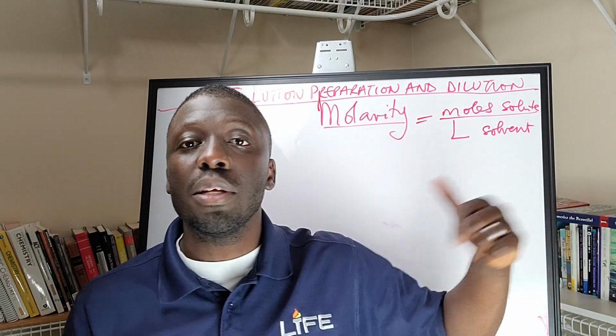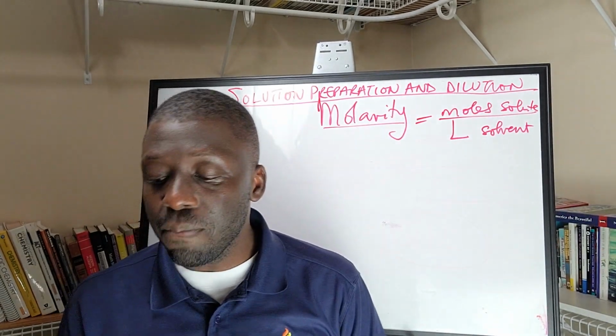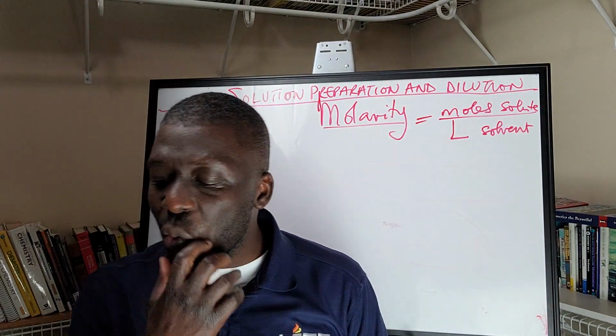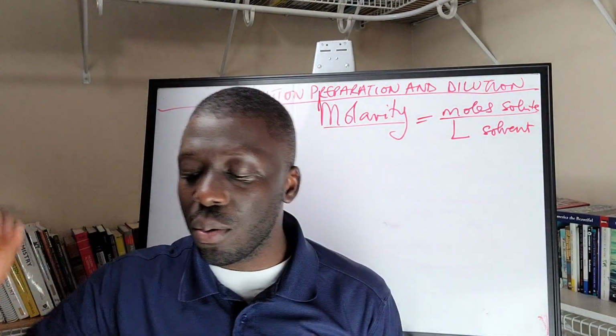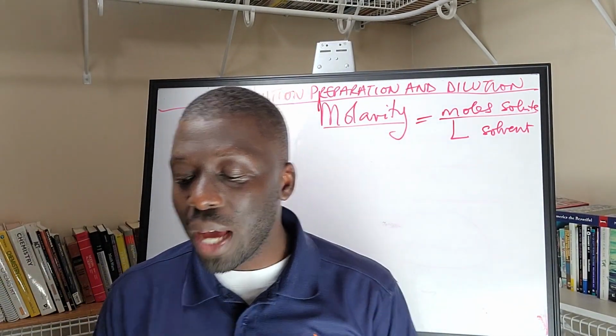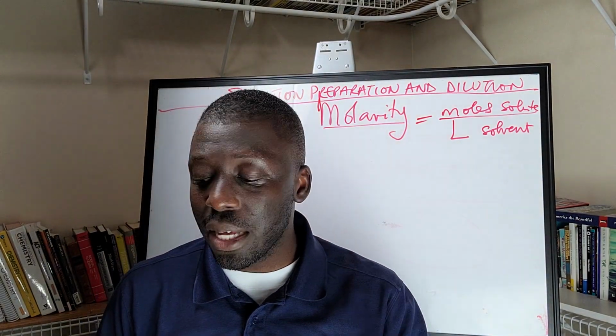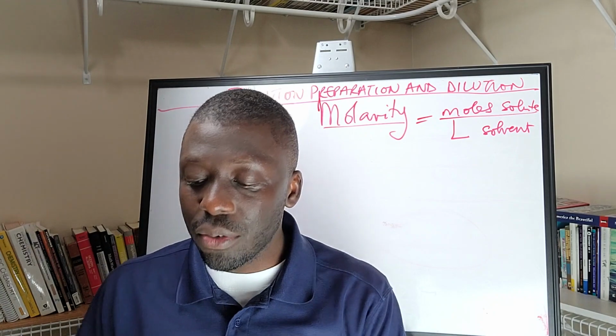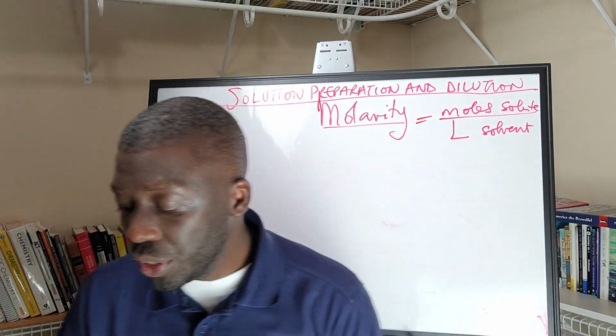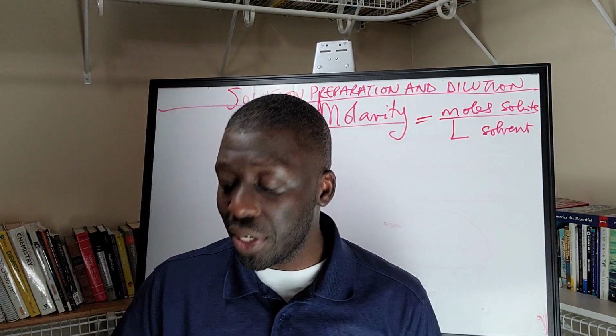That's different. This is molarity. So if you're asked to make a 1 molar sodium chloride solution, then you have to add 1 mole, which is 58.44 grams of NaCl, to 1 liter of water. So that's one way to approach molarity.